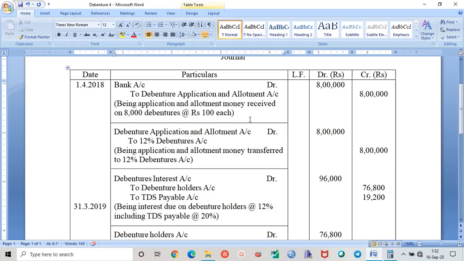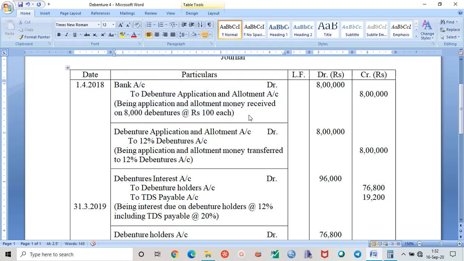There was a mistake in the PDF, so this is the corrected one. I'll be sending it to you. So this is the first entry when you receive the application and allotment money.